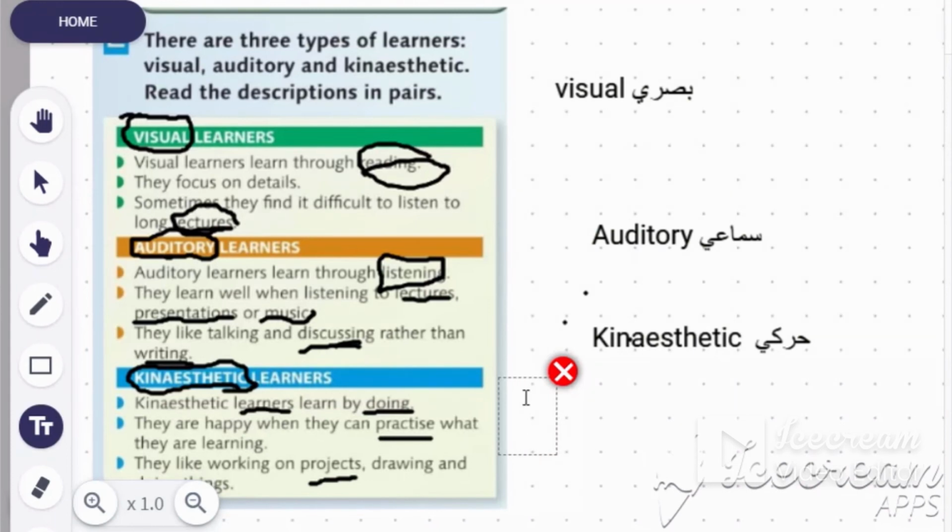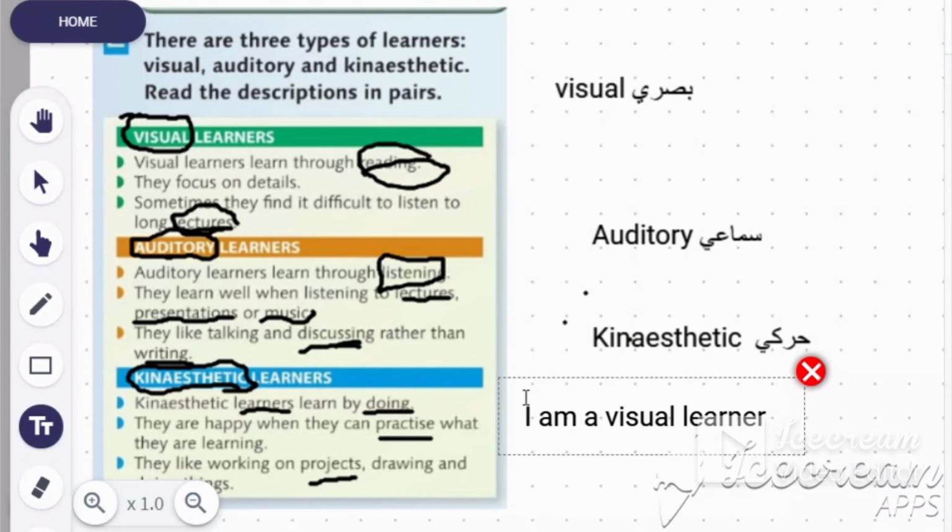I am a visual learner, comma, I learn through, يعني عبر, reading.